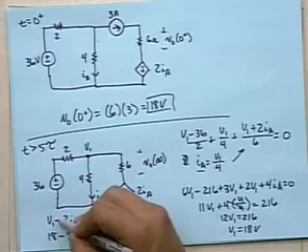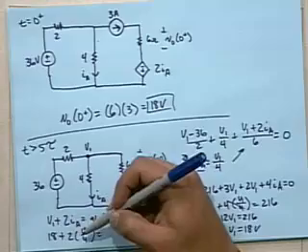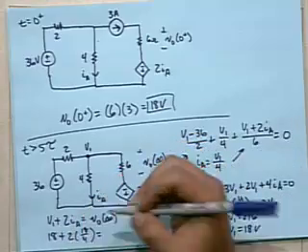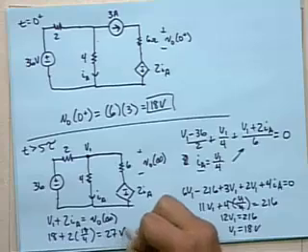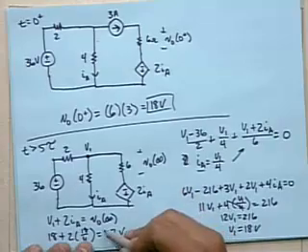Yes, it's minus the negative, so it's plus. So 36 divided by 4 is 9, so it's 18 plus 9, or 27 volts. So that's the second thing that we need.